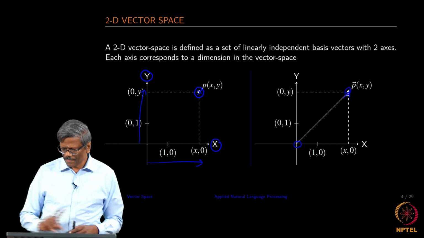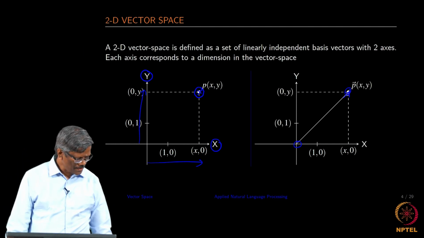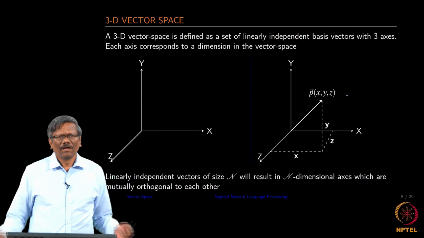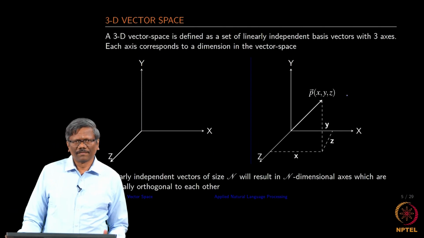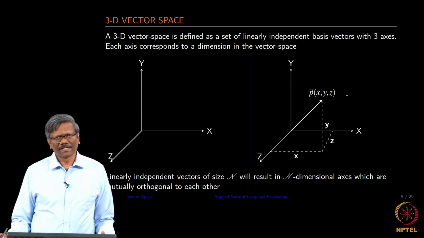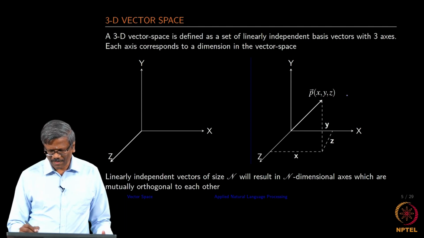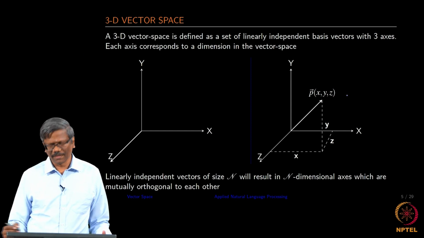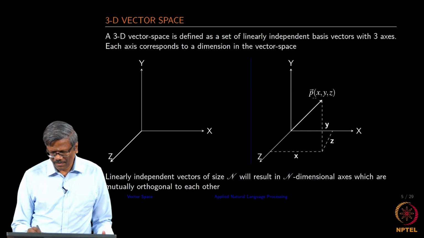So, extending this to the third dimension, we have one more axis, z, here, and the same notation that I am using. A point is represented as 3 variables here, x, y and z, and then the vector in the 3 dimension is mentioned here. Okay.